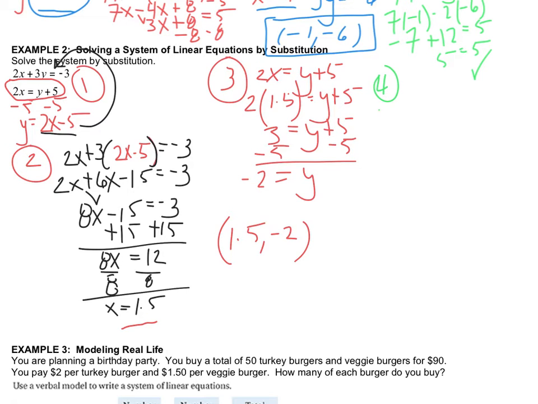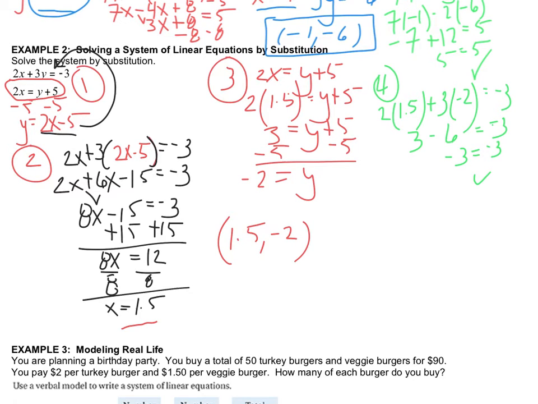So the first equation is 2 times x plus 3 times y has to equal negative 3. So we get 3 minus 6, negative 3 equals negative 3.